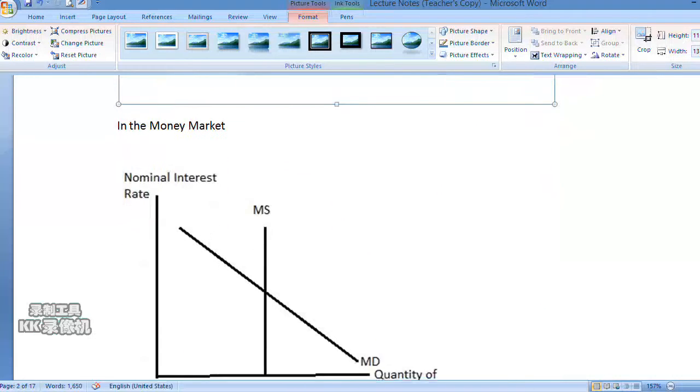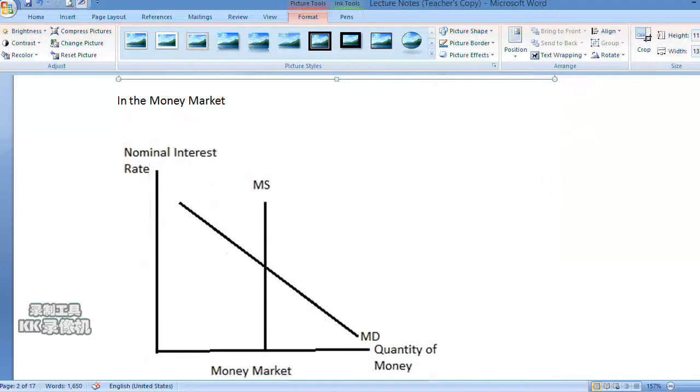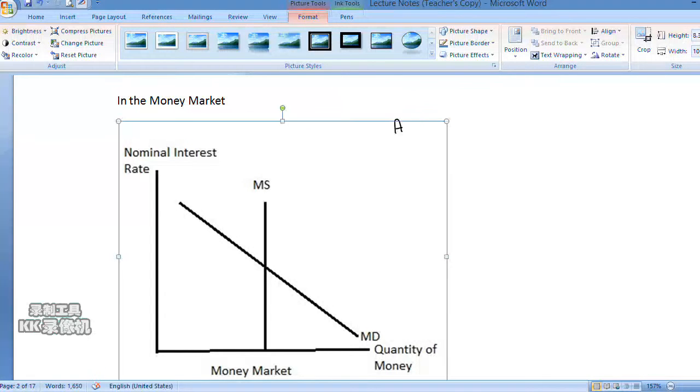In the money market, when the AD curve shifts right, both price level and real GDP increases. This will lead to an increase in money demand.